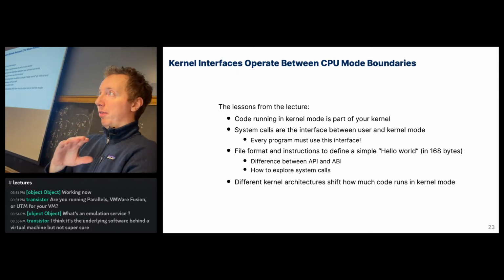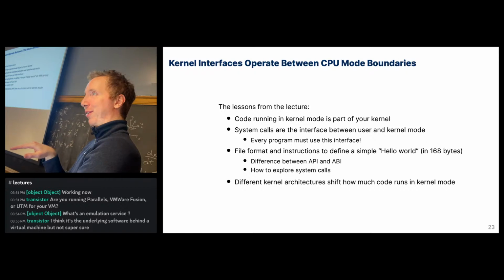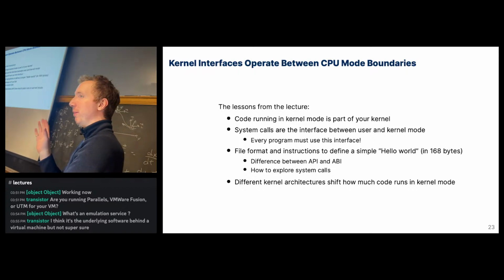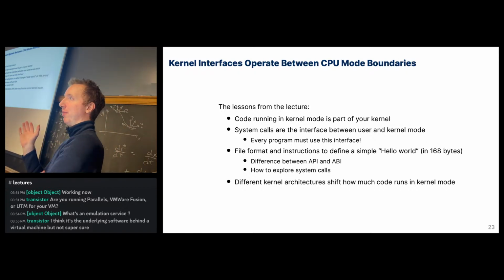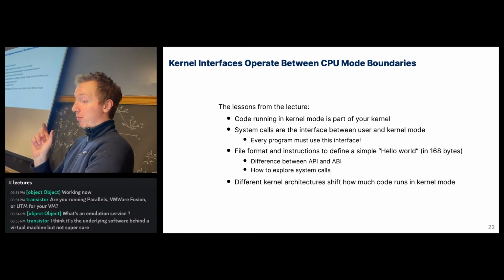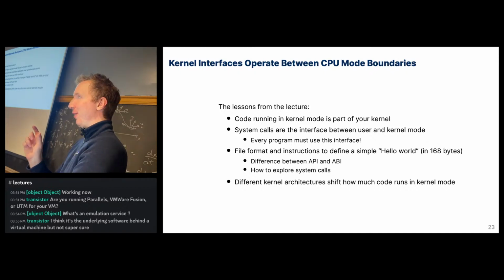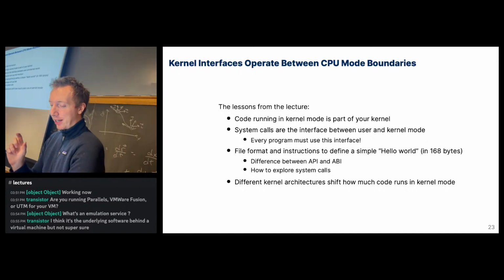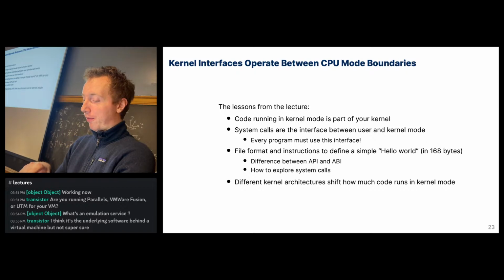So there's a clear separation between what's a kernel and what's not. It's a little bit fuzzier when you talk about operating systems in general and what makes an operating system. Code running in kernel mode is part of your kernel, that's an easy definition. And system calls are the interface between them.